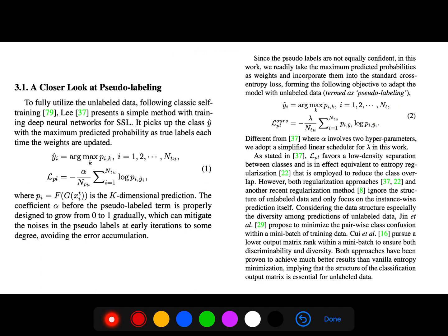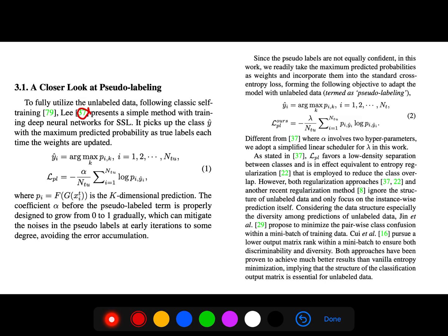Then we have pseudo-labeling, to fully utilize unlabeled data. This reference represents a simple method for training deep neural networks for SSL. It picks up the class with maximum predicted probability as true labels each time the weights are updated.